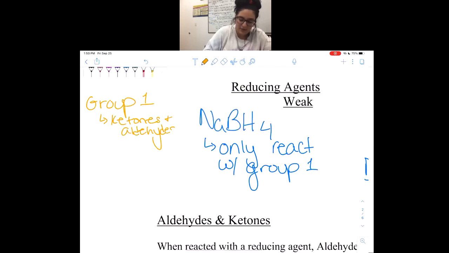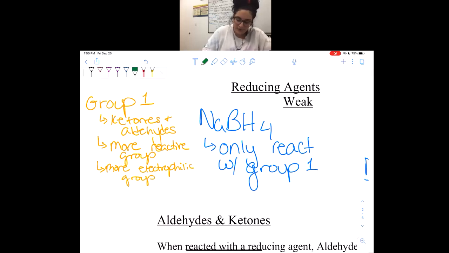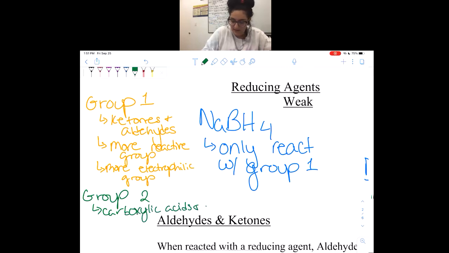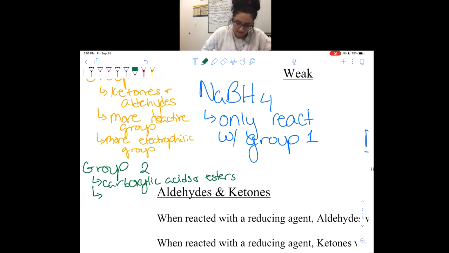Group 1 consists of ketones and aldehydes, and it is essentially the more reactive group, aka the more electrophilic group, versus group 2, which is carboxylic acids and esters.